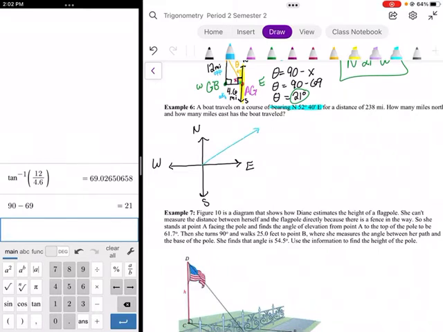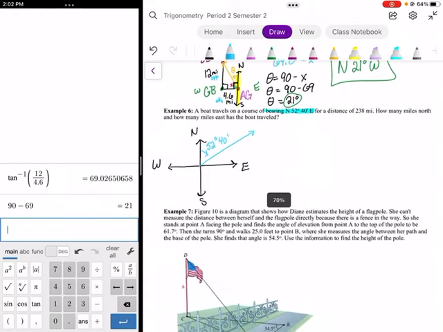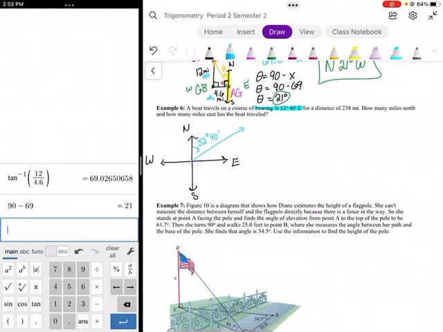And we know this angle is 52 degrees and 40 minutes. The total distance they went was 238 miles, so that is going to represent the length. They want us to figure out how far north and how far east this boat has traveled.